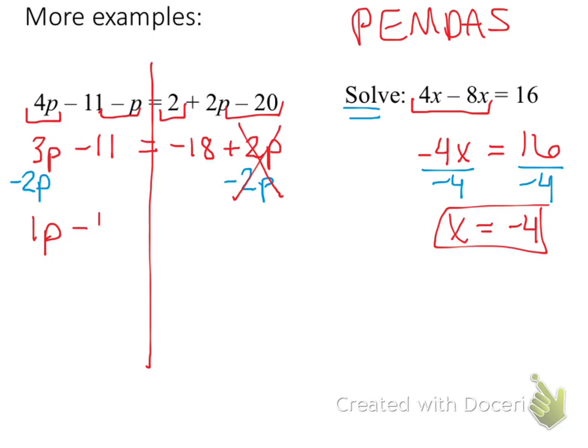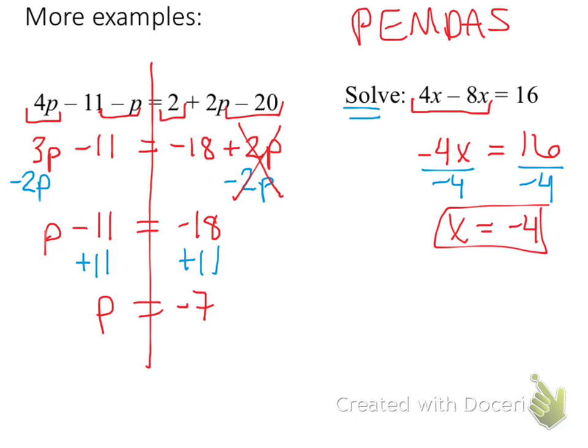The minus 11 is still there. The minus 18 is still there. Now that 1 is not very important. 1 times p is p, so that can disappear. Now all I have to do is solve for p. The opposite of subtracting 11 is adding 11. And so p equals negative 7.